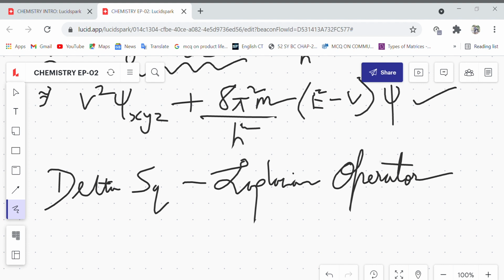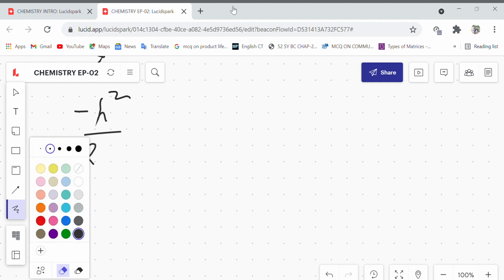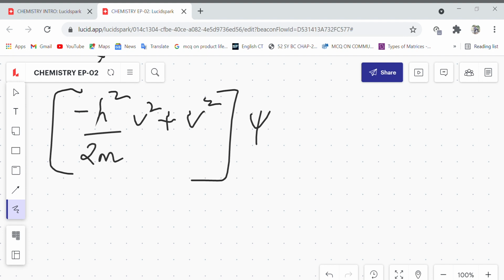Then we can write this as, let me write it below, minus h square divided by 2m, del square plus V, whole into psi, is equal to E whole into psi.